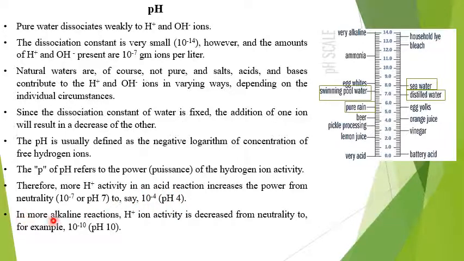In alkaline water, H ion activity decreases from neutrality, so H ion concentration will be low, for example 10 raised to power minus 10. It means pH is equal to 10. What does it mean, pH 4, pH 10 and pH 7? We'll discuss later.